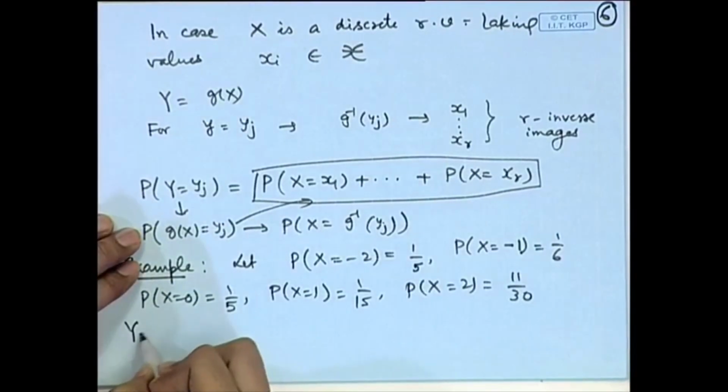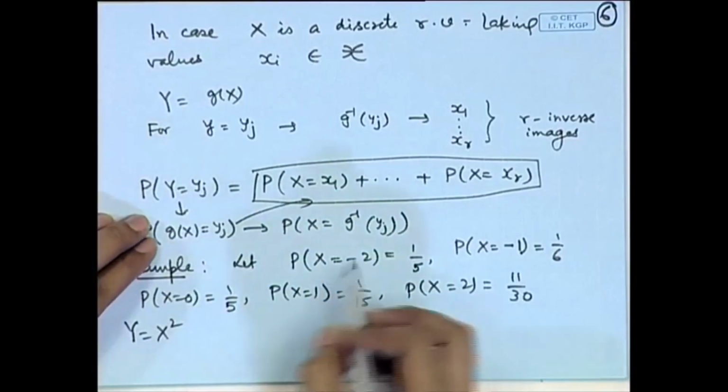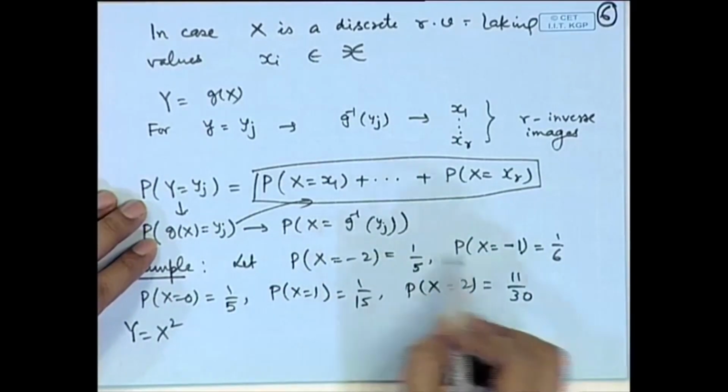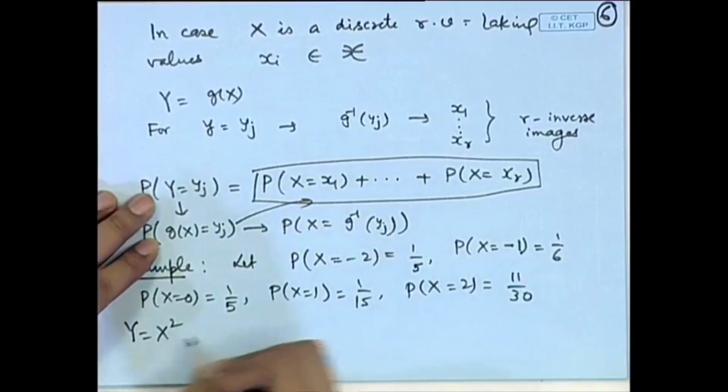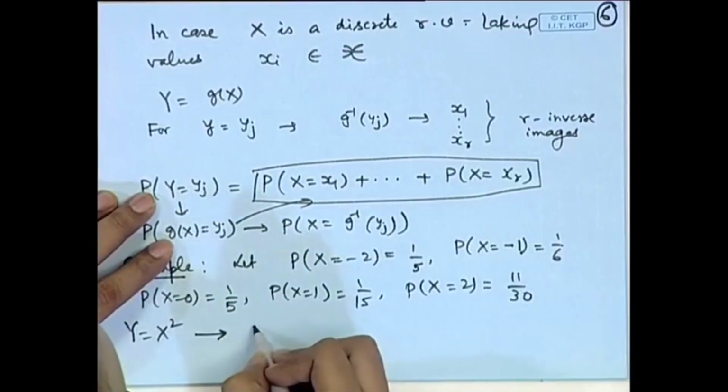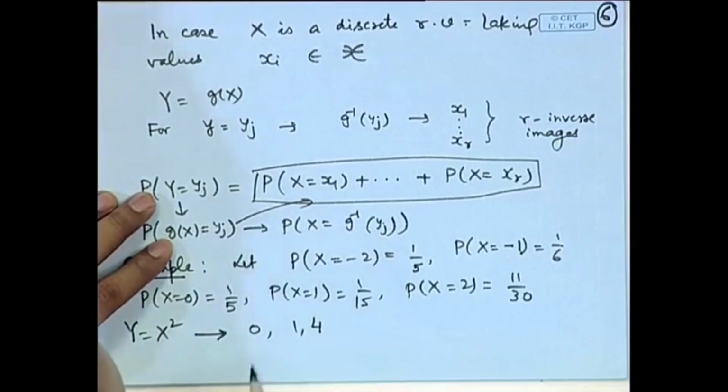Let us consider say Y = X squared. Now, here X takes values -2, -1, 0, 1 and 2. So, this Y will take values 0, 1 and 4.